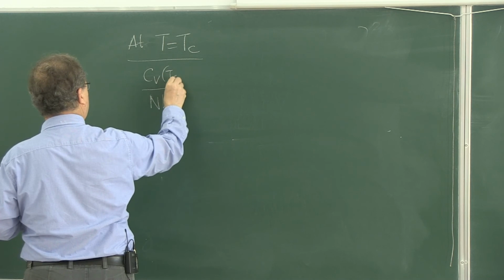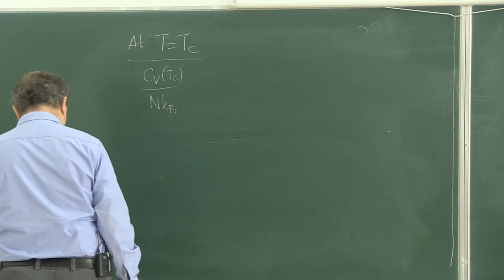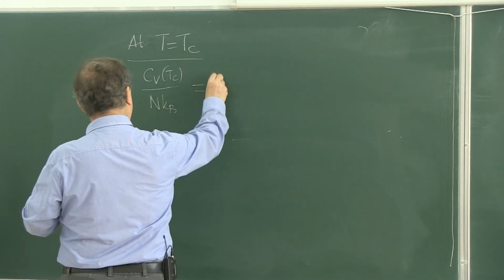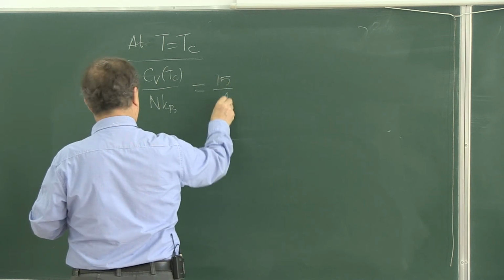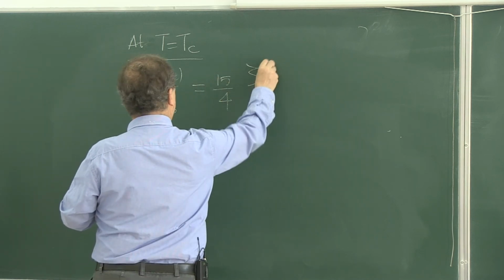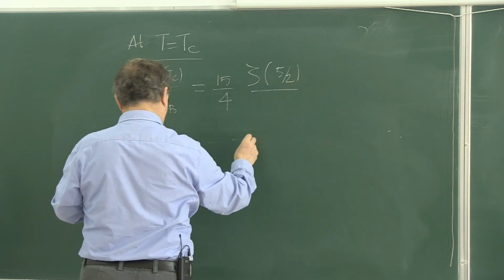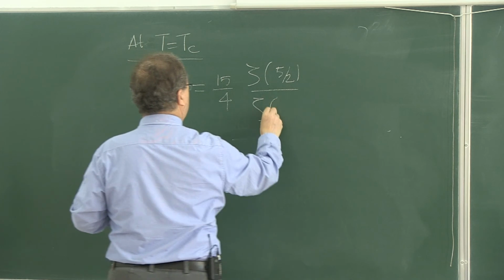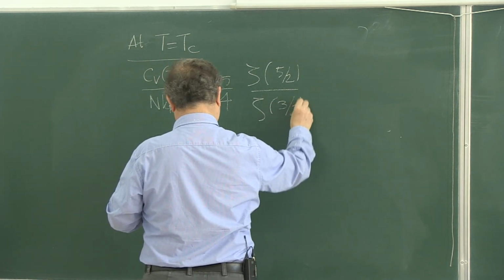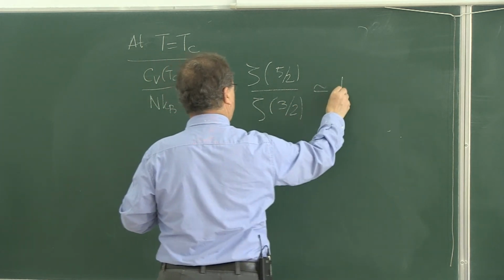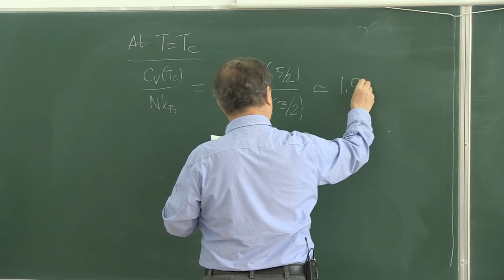Cv at Tc over NkB is 15/4 zeta(5/2) divided by zeta(3/2). That is of the order of 1.925.